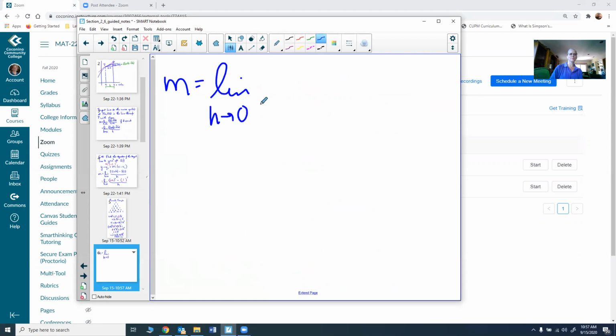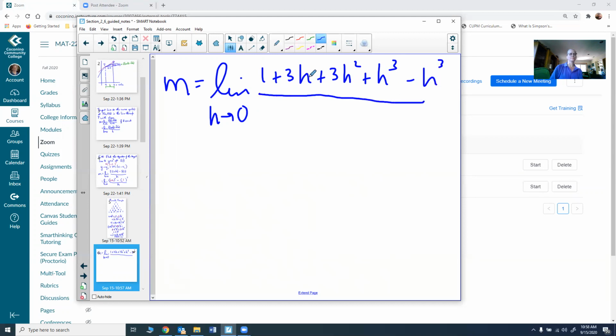And I have 1 plus 3h plus 3h squared plus h cubed, minus 1 cubed, which of course is just 1, all over h.